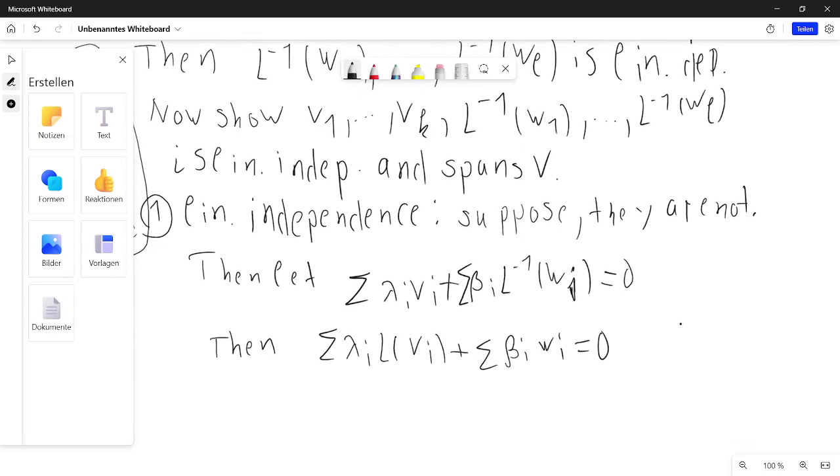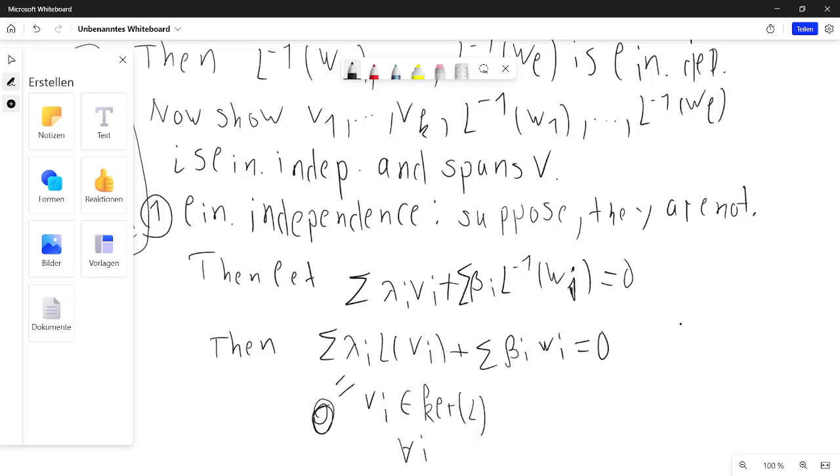Sorry, I have forgotten what that is. Remember that this is just an element of the kernel of L for i. So that is actually 0.